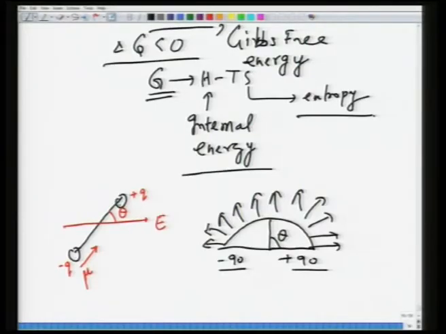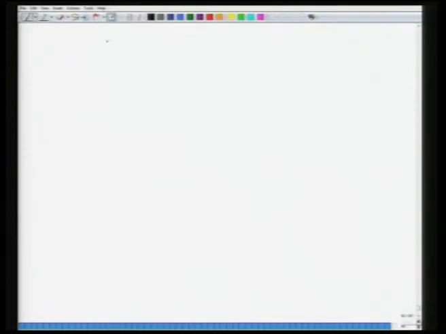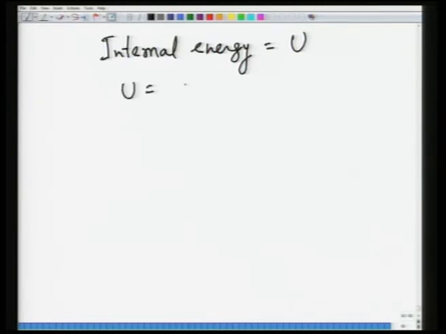So the schematic diagram is you have a charged dipole which is aligned at an angle theta with respect to the applied field, with the dipole moment vector as mu. So the internal energy, let us say, is U, and this U depends upon the orientation of this charged dipole with respect to the applied field.